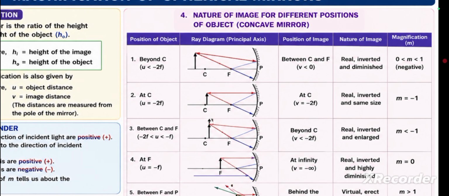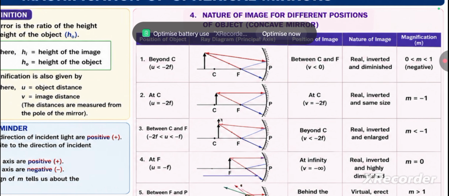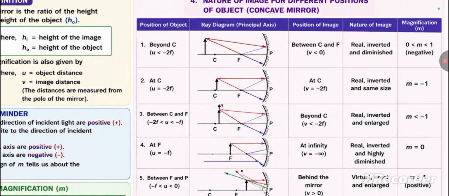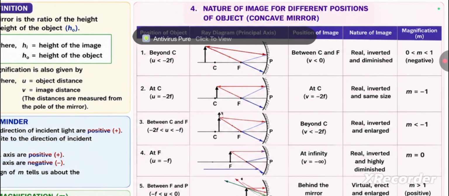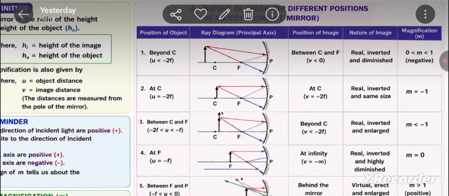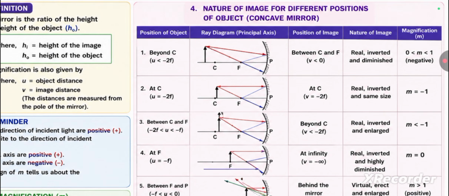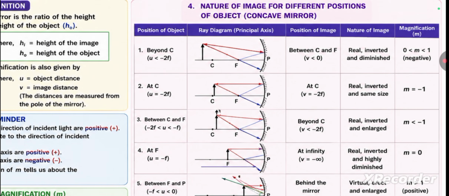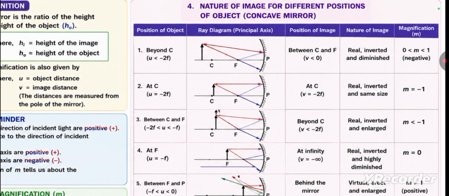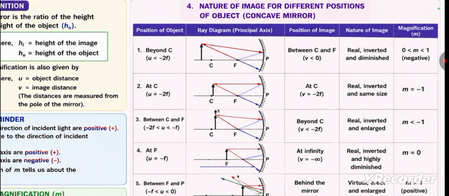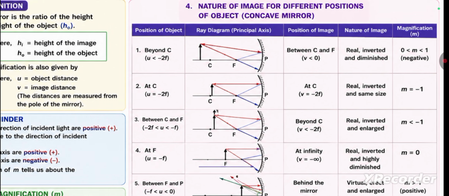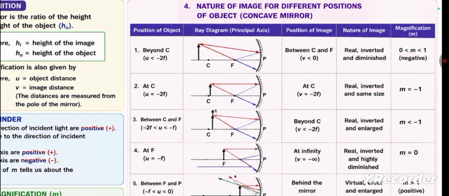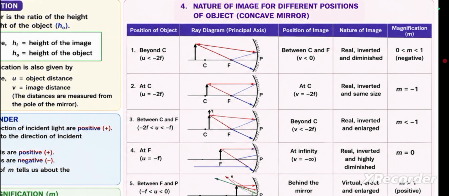If the object is at C, then the image is at C. The nature of the image is real, inverted and the same size. Magnification is -1.